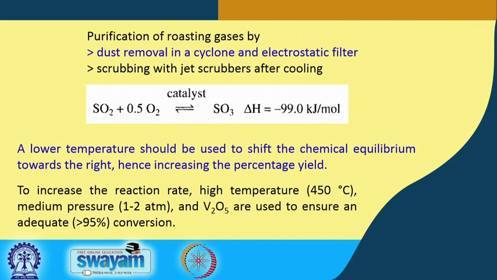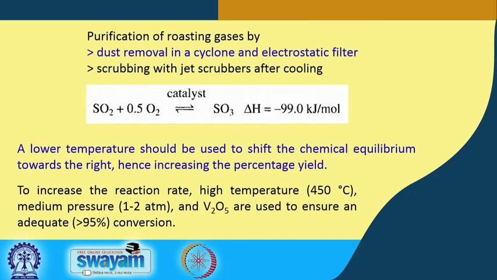It will be purified by dust removal in a cyclone or electrostatic filter. In the electrostatic filter, the dust particles will be removed or settled down at the bottom of the filter, or by scrubbing with jet scrubbers after cooling.